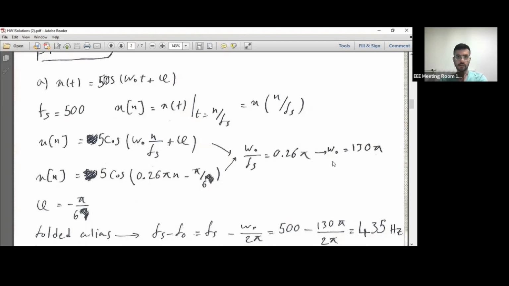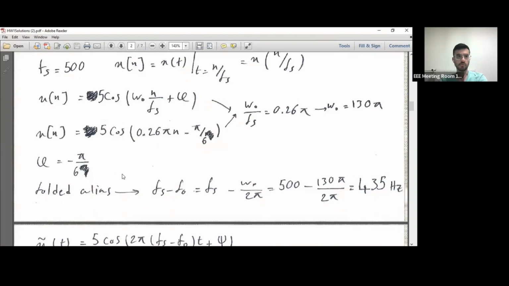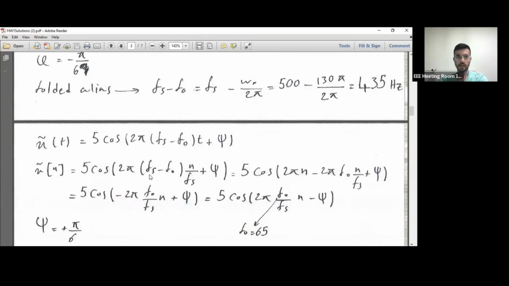After that, we can find omega naught as 130 pi, and phi equals minus pi over 6. The folded frequency is f0 equals fs minus omega 0 over 2 pi. So at the end, we will have 435 hertz as a frequency.